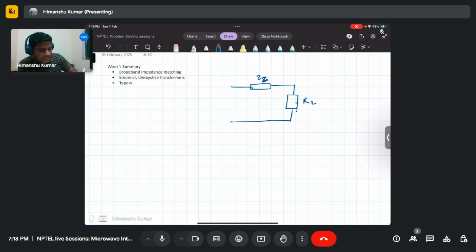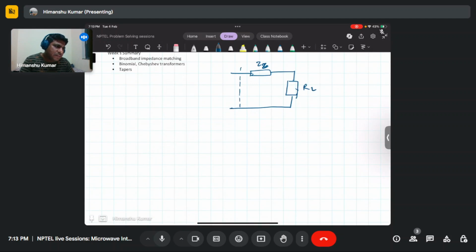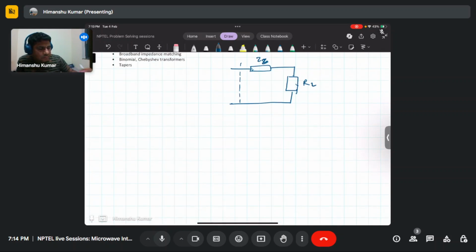So at the end of the line, you can write the expression for input impedance. And basically, if this is the transmission line, you can write the input impedance expression as follows.